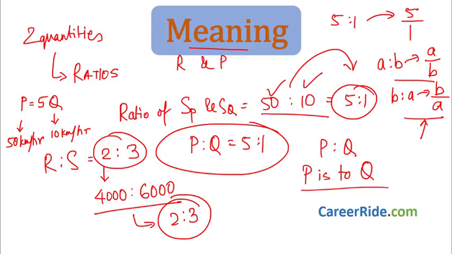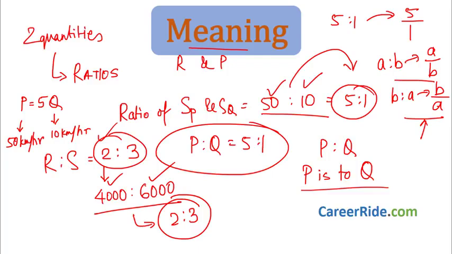Remember, these are not the actual values. This is a ratio, the simplified form of the actual values. Again, when we solve some sums, we will realize what exactly we mean by ratio, how we take ratio, and how to use a ratio for solving the sums or given numericals.